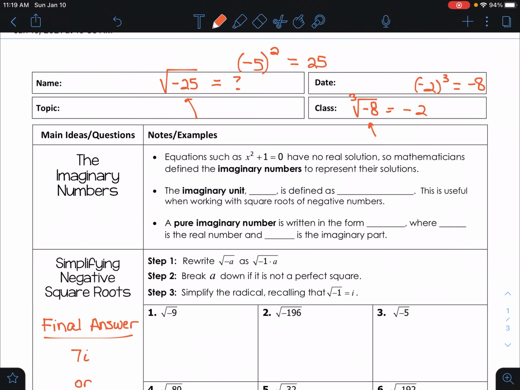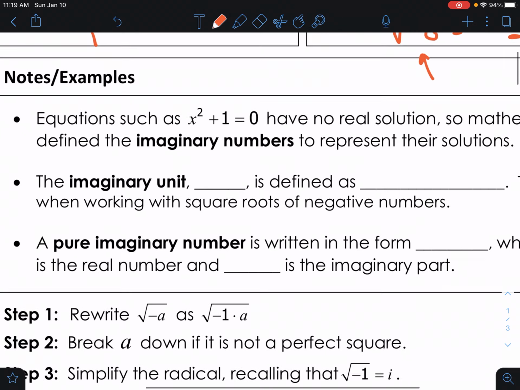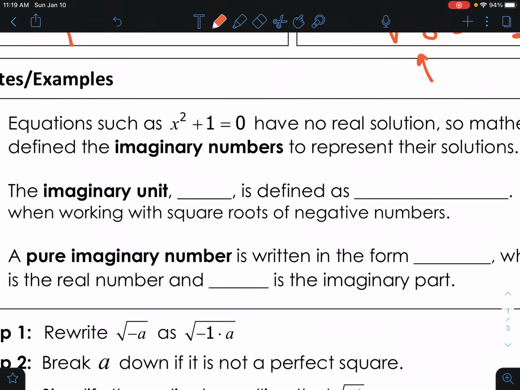For example, if I have this equation here, x squared plus 1, and I wanted to solve this, this is actually a quadratic function, that forms a parabola when you graph it.